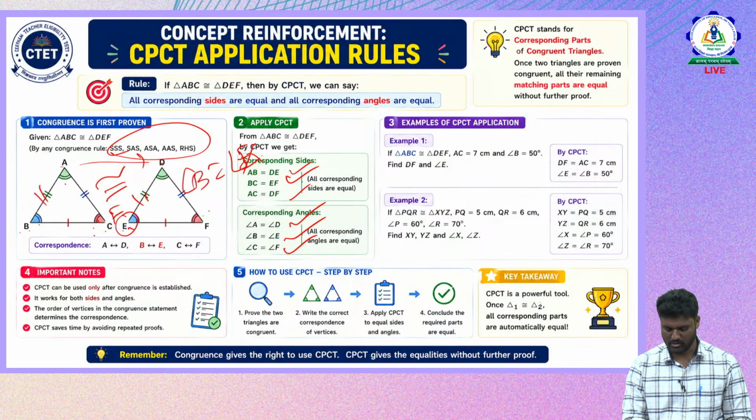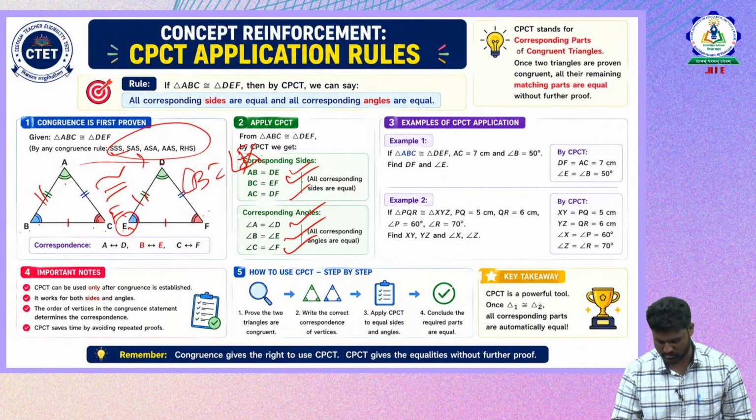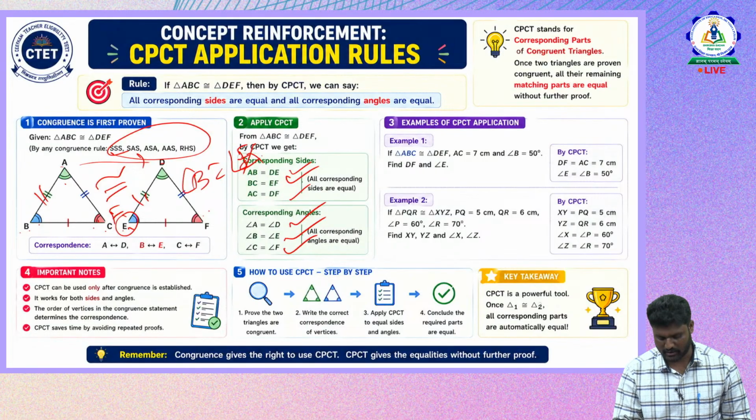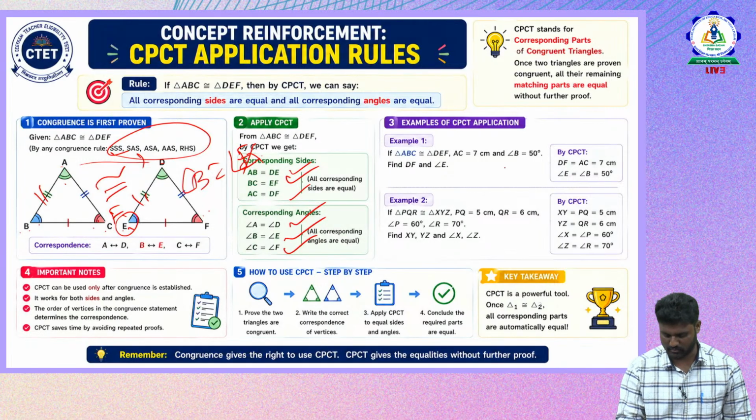Based on this concept, some questions are asked. For example, triangle ABC is congruent to triangle DEF, where AC is equal to 7 centimeters and angle B is equal to 50 degrees.